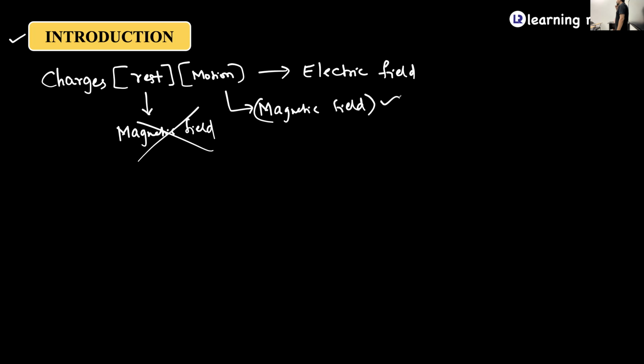Whereas if you take a plain conductor close to a ferromagnetic substance, nothing will happen.